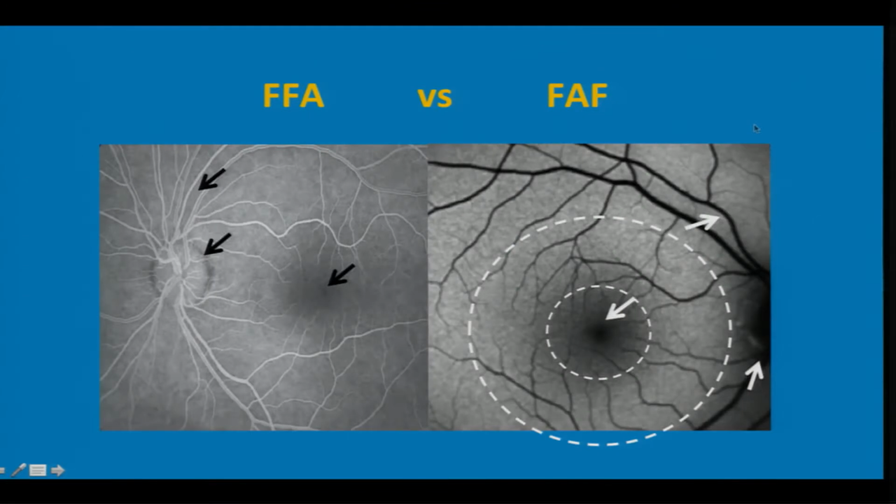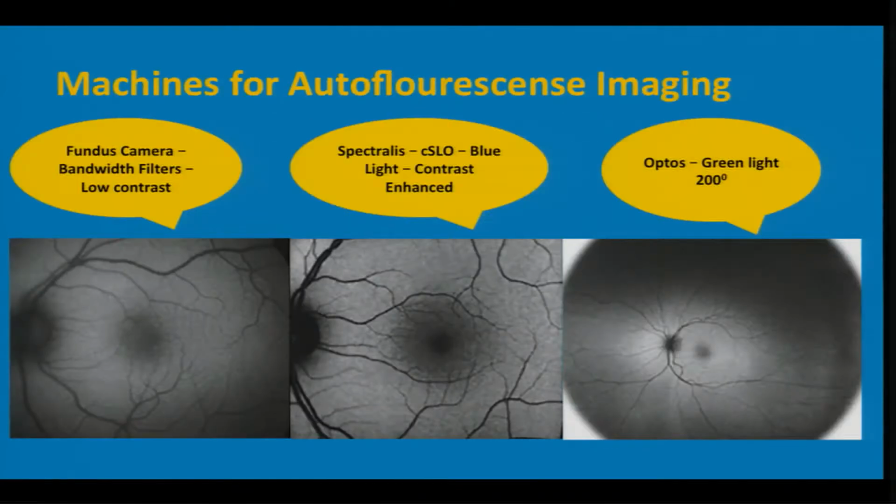Sometimes you can confuse fluorescein angiogram pictures with autofluorescence, but remember, the disc is white and the vessels are also white in a fluorescein angiogram, while in autofluorescence the fovea is dark, vessels are dark, as well as the disc. But this is again not 100% true, because, as I'll show you later, this can depend on the various types of cameras. We have different types of machines for autofluorescence imaging.